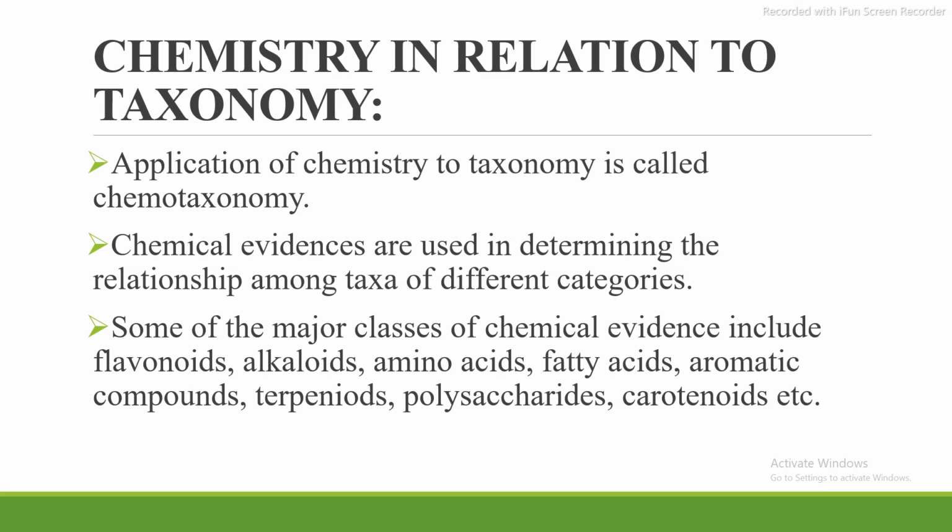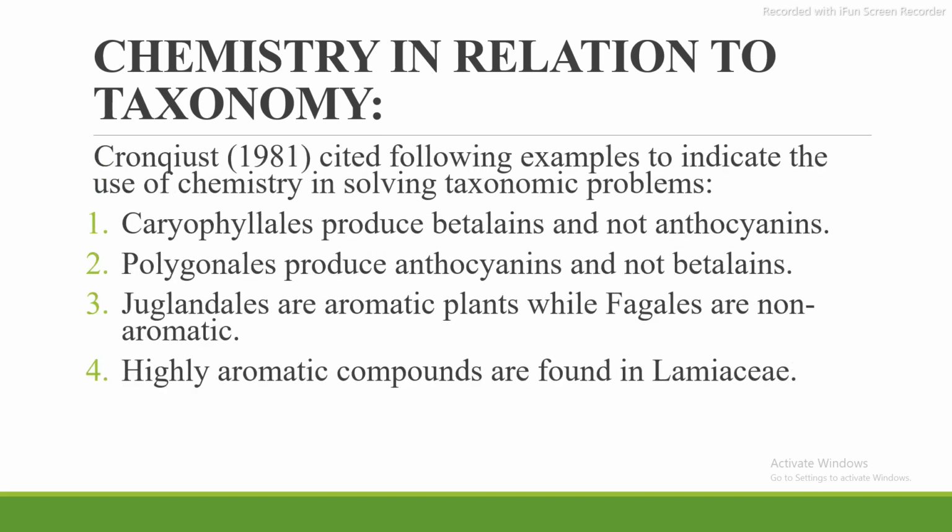Some of the major classes of chemical evidence include flavonoids, alkaloids, amino acids, fatty acids, aromatic compounds, terpenoids, polysaccharides, carotenoids, etc. Cronquist, 1981, cited the following examples to indicate the use of chemistry in solving taxonomic problems. First, Caryophyllales produce betalains and not anthocyanins. Polygonales produce anthocyanins and not betalains.